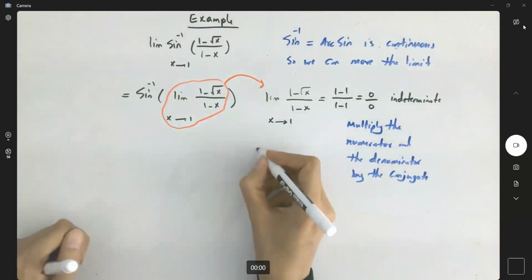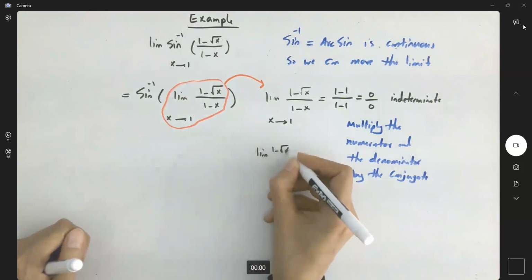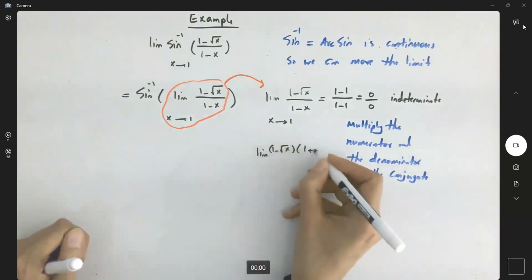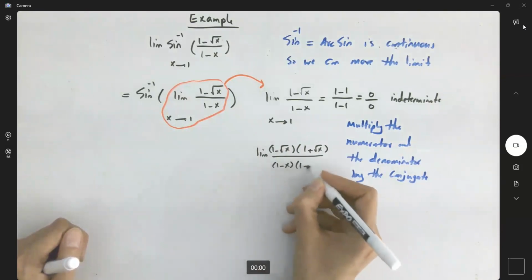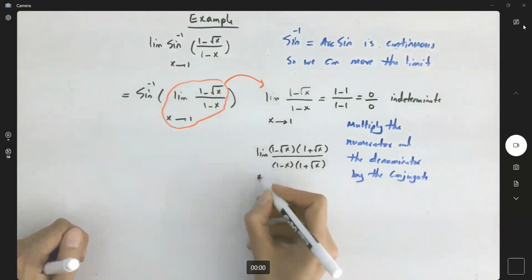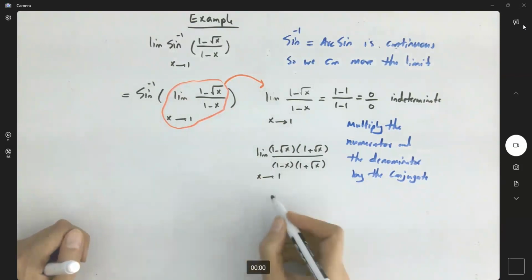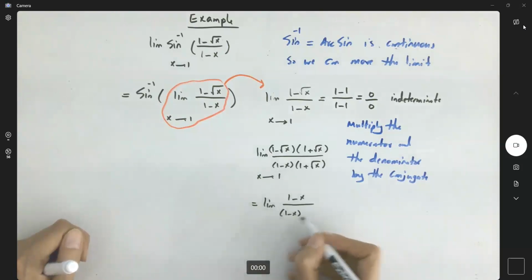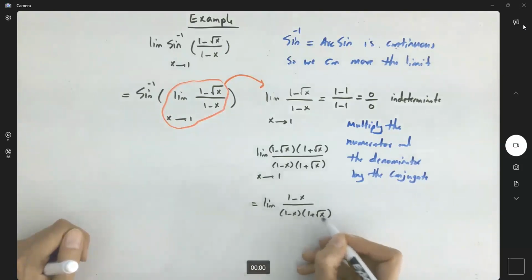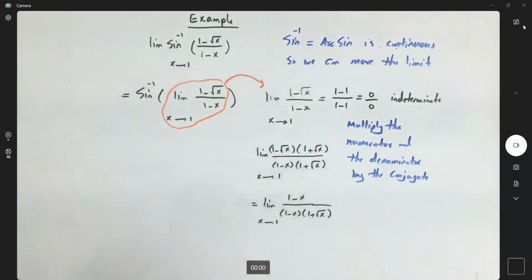What do we get? We get the limit of 1 minus square root of x times 1 plus square root of x over 1 minus x times 1 plus square root of x as x approaches 1. Let us simplify. This becomes the limit of 1 minus x divided by 1 minus x times 1 plus square root of x as x approaches 1.